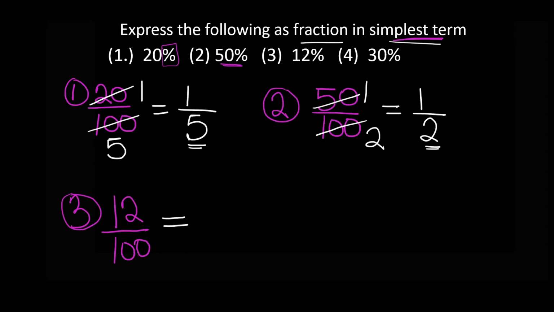If you remember your multiplication table very well, you realize that 4 is a common factor right here. 4 in 12 is 3. 4 in 100 is 25. So that means my final answer is 3 over 25.